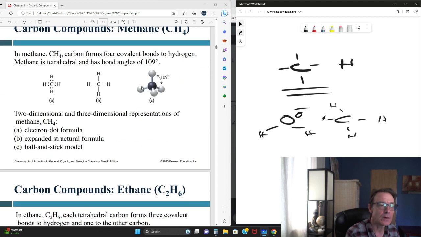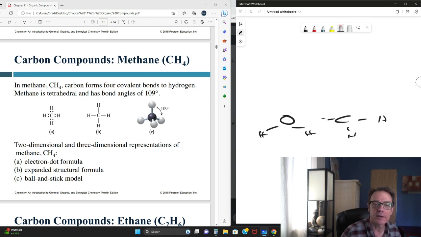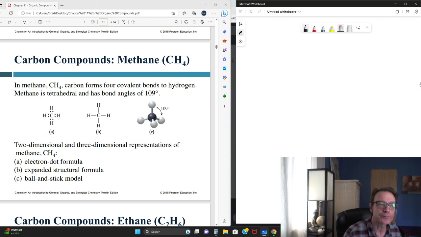Okay, so let's have our first introduction of the ways that we are going to talk about and represent molecules in organic chemistry. All right. So we have our most basic organic compound, methane, which is a carbon. And when you write carbon or organic molecules, you always put carbon followed by hydrogen and the number of each of those, the subscript. So methane has one carbon bonded to 4 hydrogens, just like that.